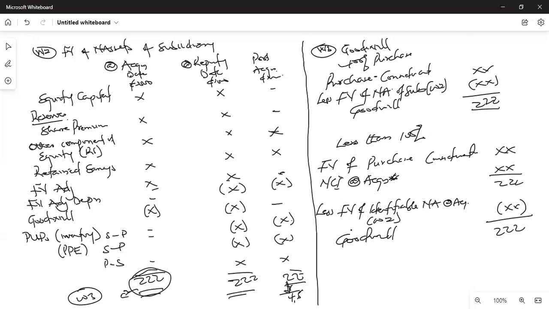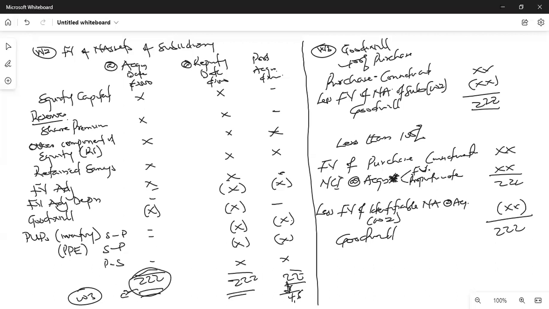Now, look at this very carefully. Depending on how the question quotes this, we have the fair value method of getting this, which will be given to you in the question. If you are going to use the fair value, the figure will be given to you in your footnote. Note that. And we have the proportionate method.